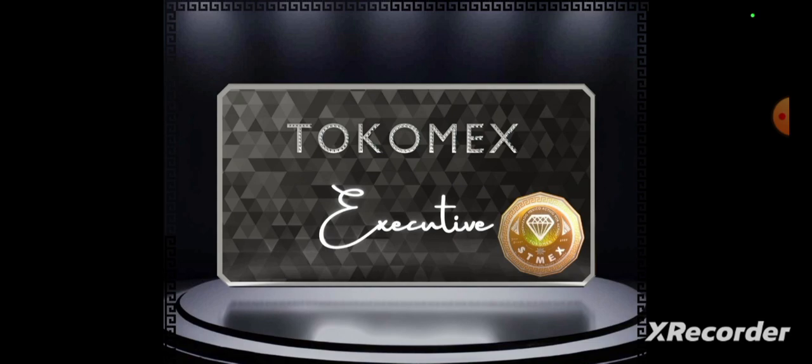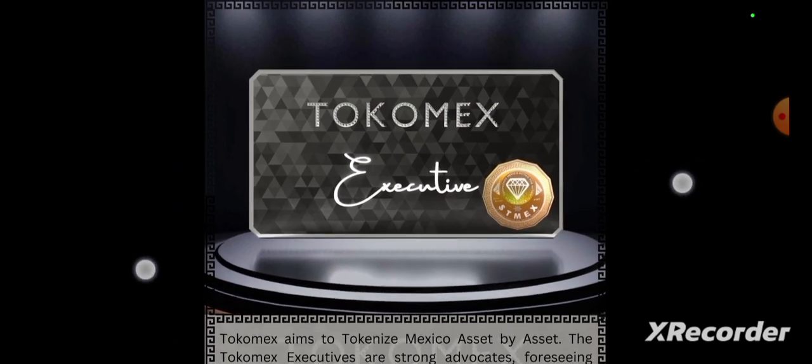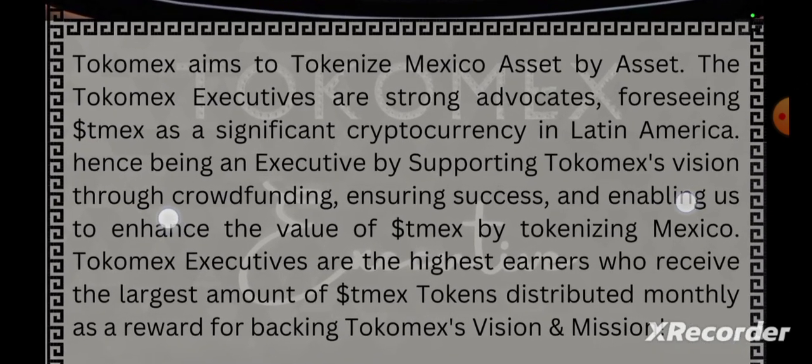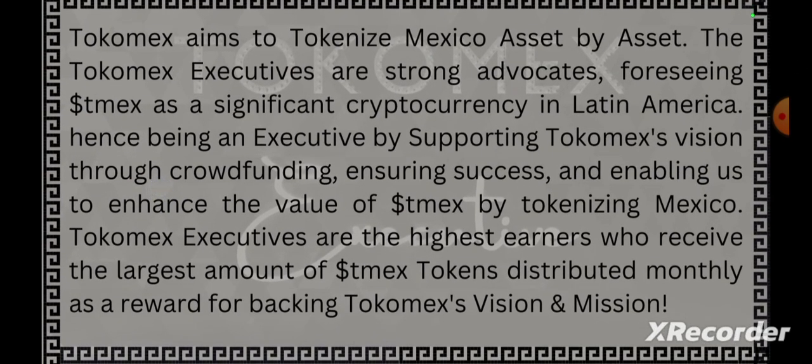So now that you kind of see the way it looks, let me jump into this little snippet here, and then we're going to jump into the tokenomics and wrap this video presentation up. So Tokomex aims to tokenize Mexico asset by asset. The Tokomex executives are strong advocates for seeing TMEX as a significant cryptocurrency in Latin America.